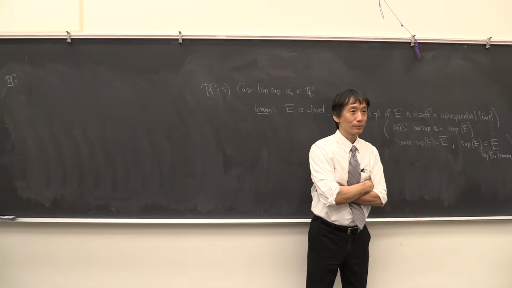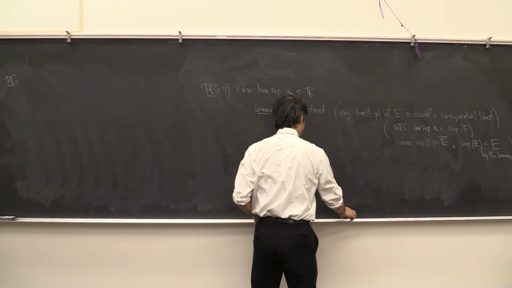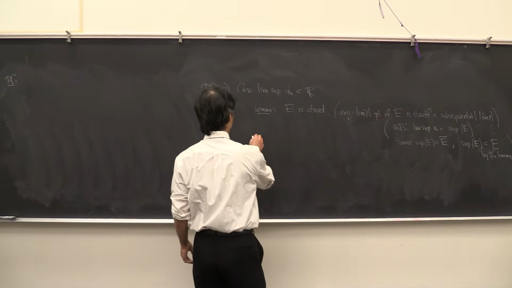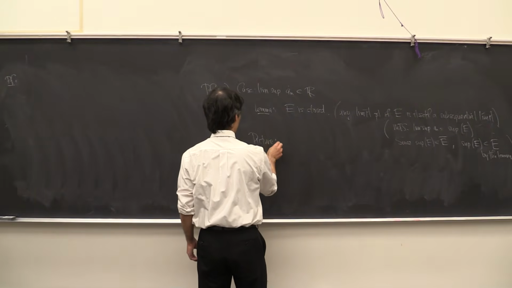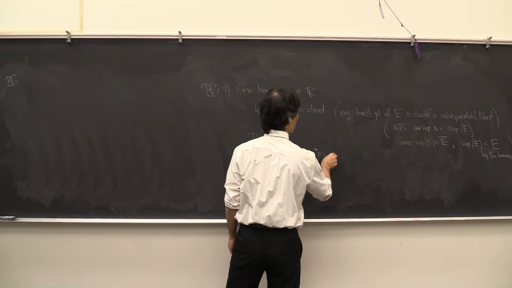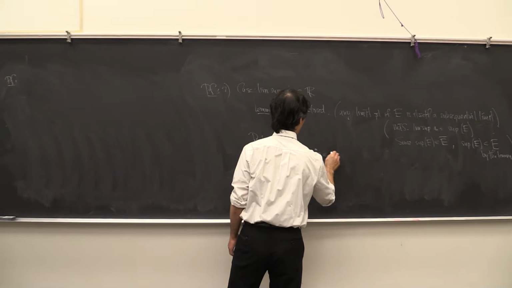I tried to do it by contradiction, like if we have something that's outside, then we can maybe use neighborhoods, every neighborhood, every element of it.